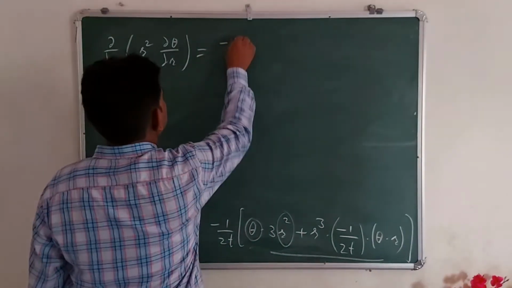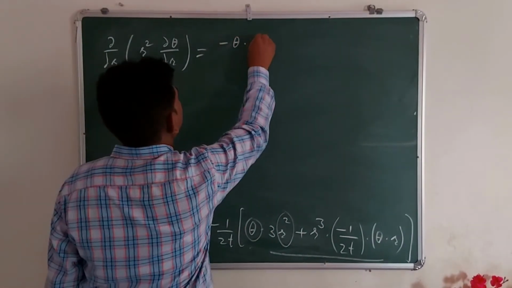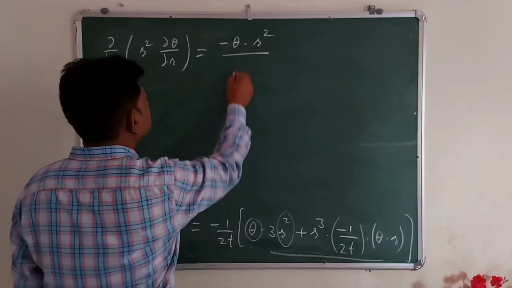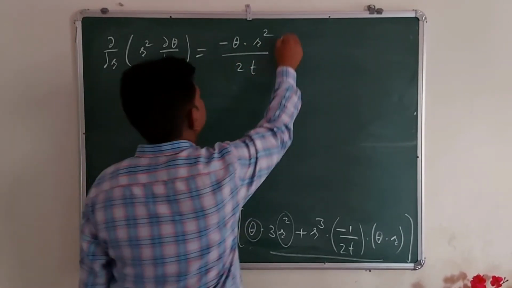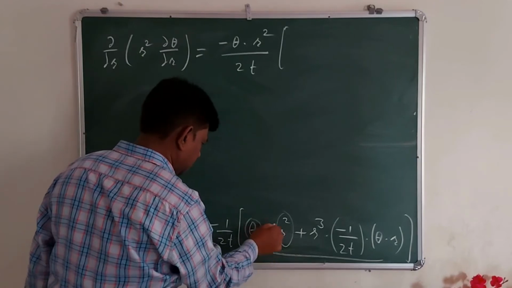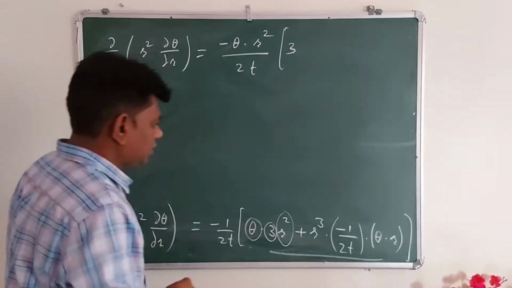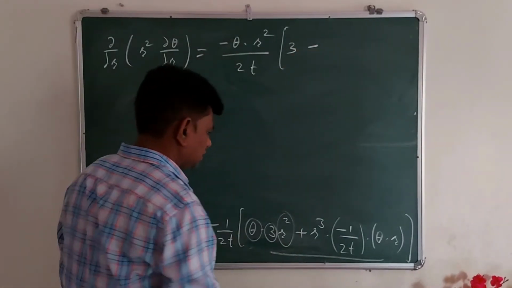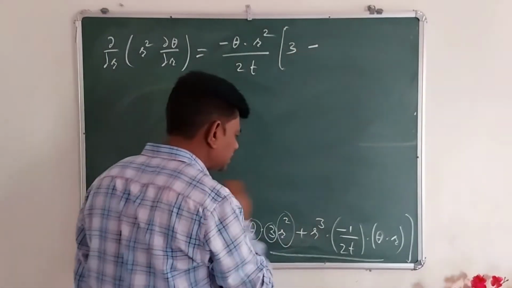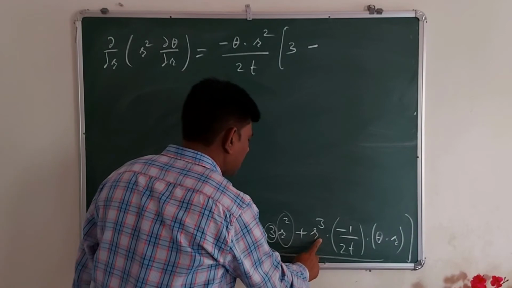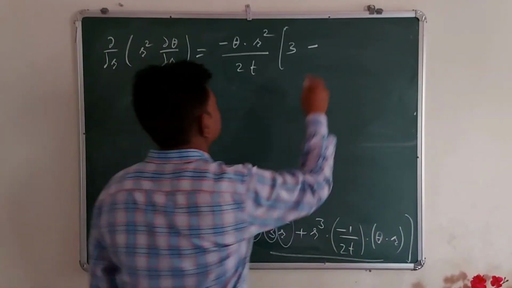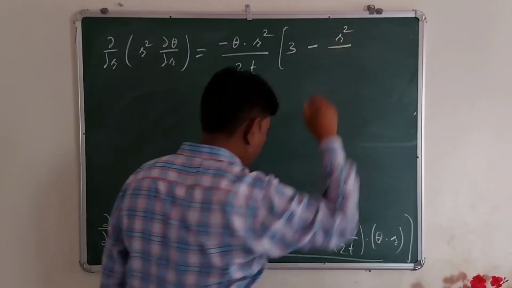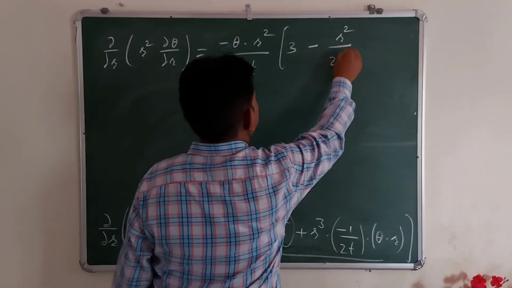The answer is minus theta times r square upon 2t, times 3, plus minus, the answer is minus. Now r square and theta are common. Here r times r, the answer is r square upon 2t.